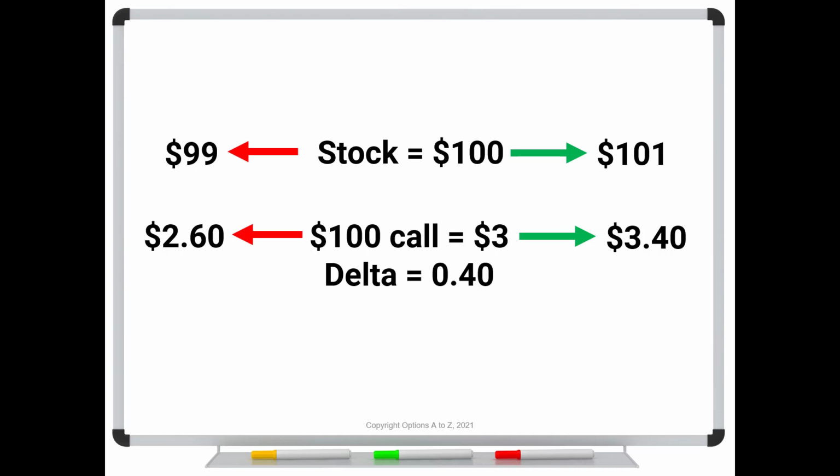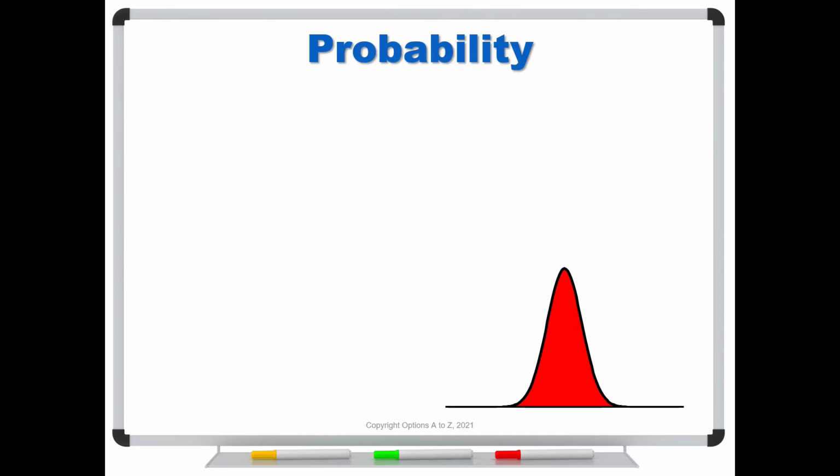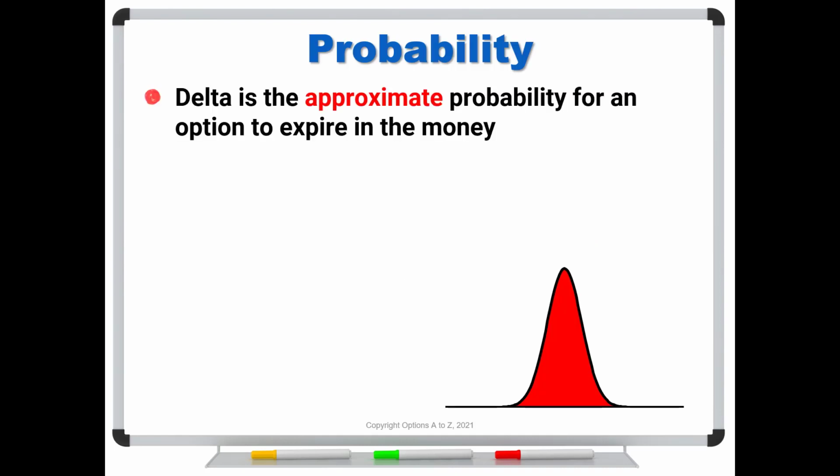But here's where this definition breaks down, and you've got to be so careful. Delta is, first of all, the approximate probability for an option to expire in the money. And the second thing to be aware of is right here: in the money. Just because it expires in the money doesn't necessarily mean that you have a profit.